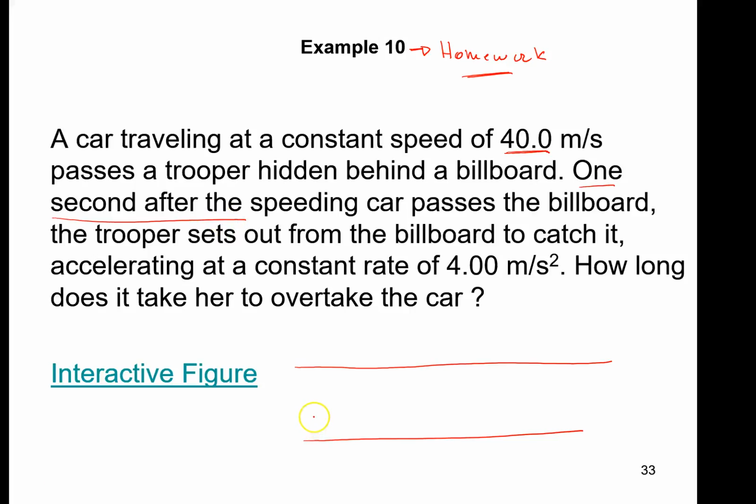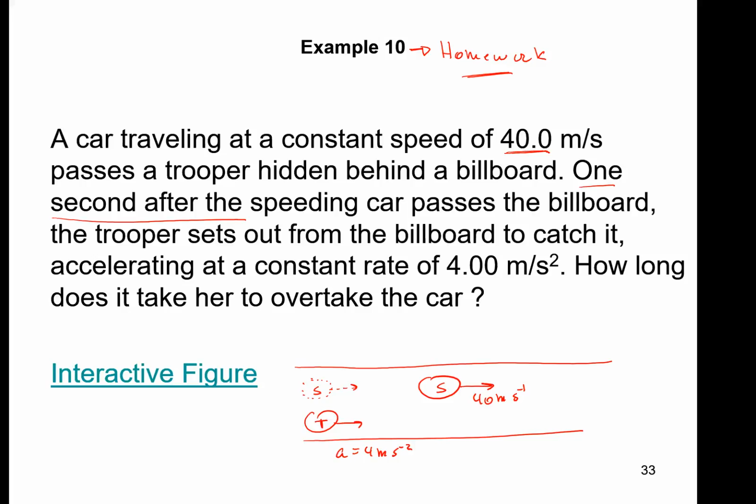So if this here is the trooper, okay, the speeder passes by the trooper, and 1 second later, when the speeder is here, moving at 40 meters per second, then the trooper will start pursuing with an acceleration of 4 meters per second squared.